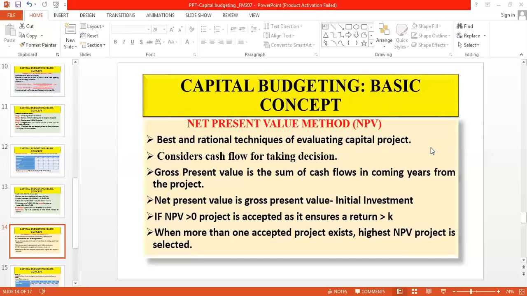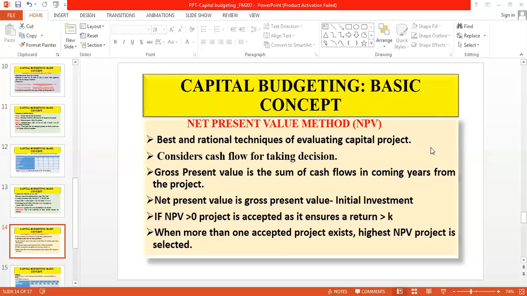So, before moving further, let us discuss a little bit about the discounting rate here. Discounting rate in case of net present value will be considered as the minimum rate of return required by the company for satisfying the investors like shareholders and lenders.